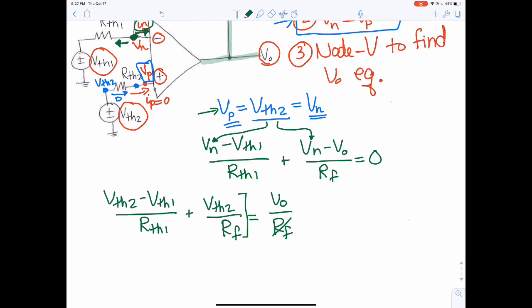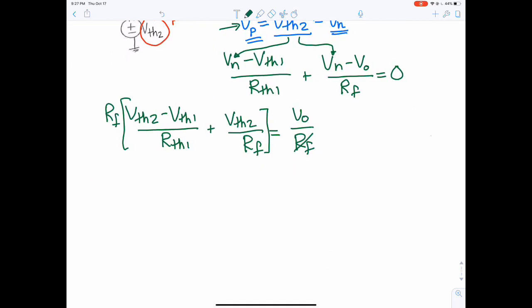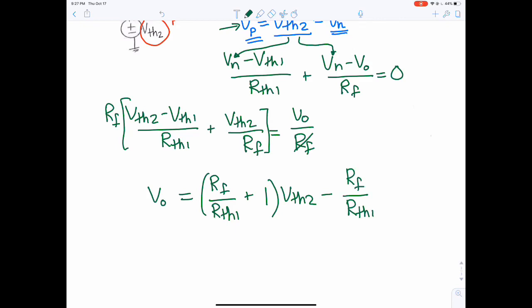I can divide all of this by Rf and rewrite this equation as Vo is equal to Rf over RTH1 plus 1, times VTH2, minus Rf over RTH1 times VTH1.